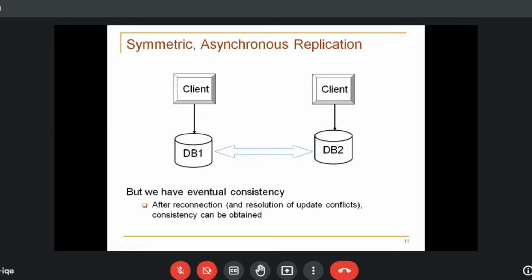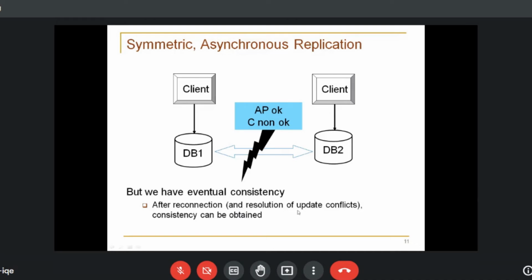This is a simple diagram. Availability, partition tolerance, consistency not. So initially, if some change is made at one side, in the beginning consistency will not be there, and after a time it will be consistent.